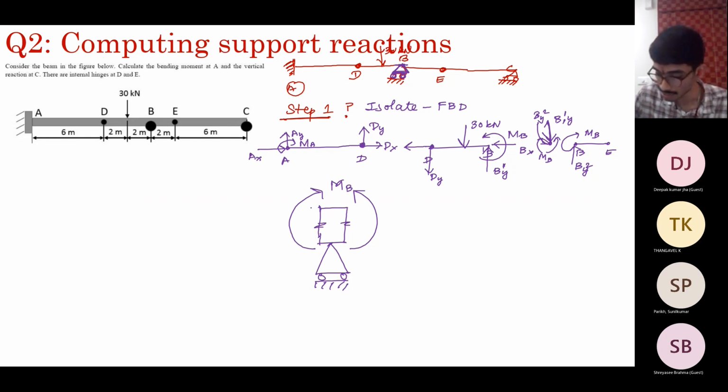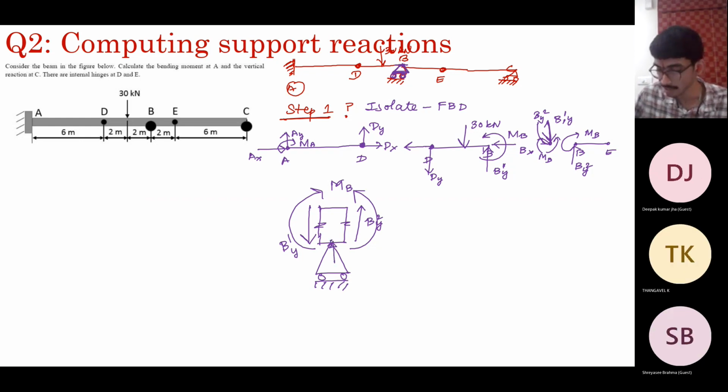But the shear force on this side will be B1Y, and on this side B2Y. Those need not be continuous because you have some additional concentrated force coming from this support, could be some RB. So these two will differ by RB. That is the reason we have taken two different notations.